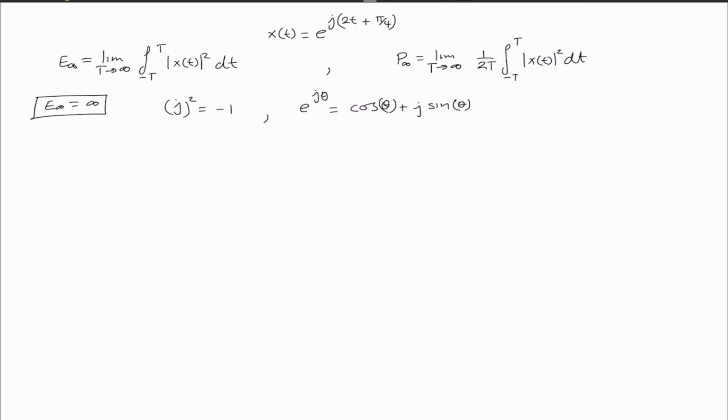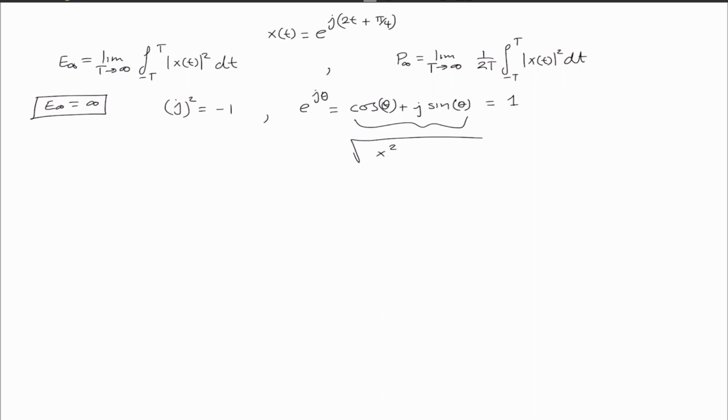In both equations we have to take the absolute value of x of t squared. If we take the magnitude of this expression, it is going to equal 1. I think in the first problem I said it was the absolute value, but it was the magnitude of that signal. So that's going to equal 1 because for this expression, the magnitude squared is cosine squared plus j squared sine squared.